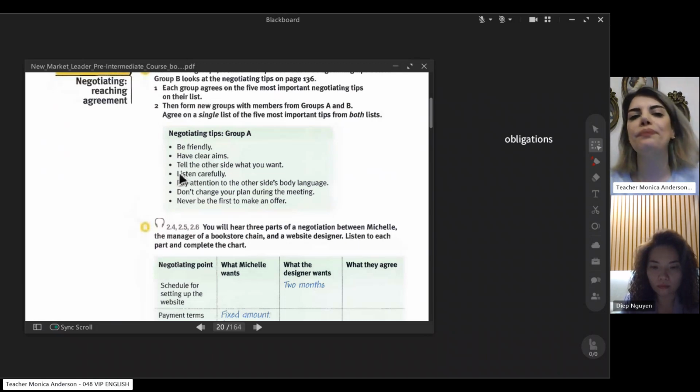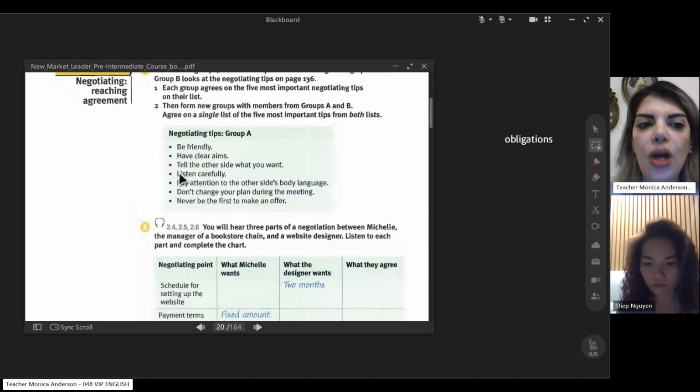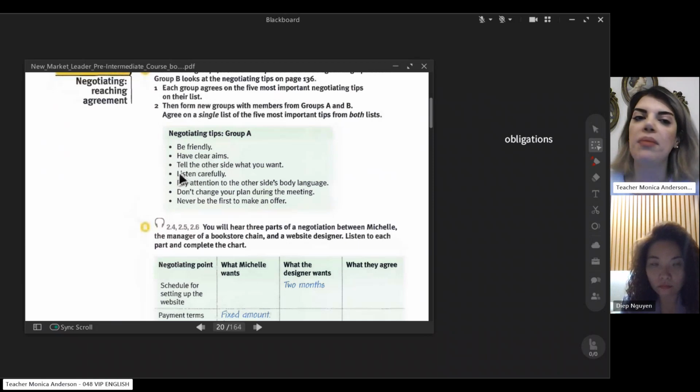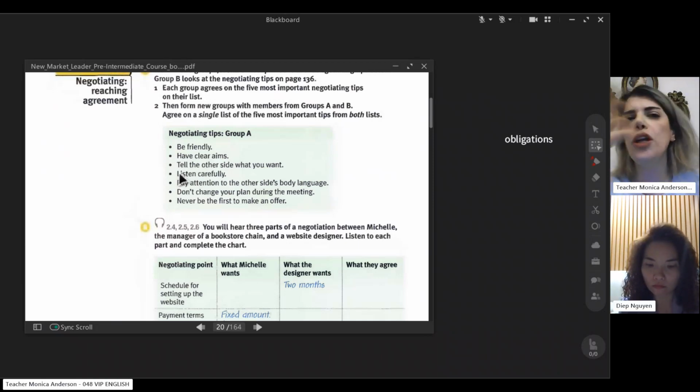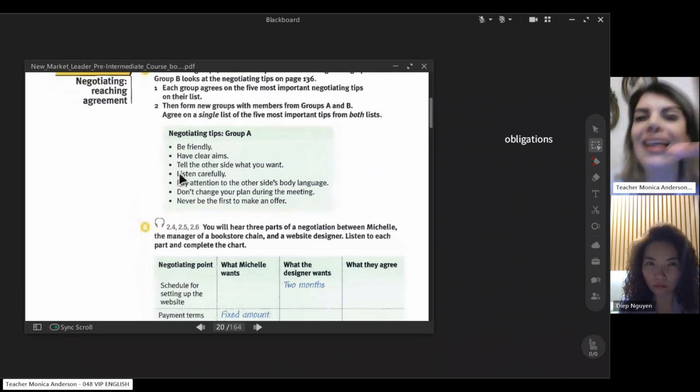If you want to reach an agreement, which one do you agree with? Which one can be more fruitful than the others? And which one do you think is not essential? Try to use need to, have to, must, should, or maybe negative forms.